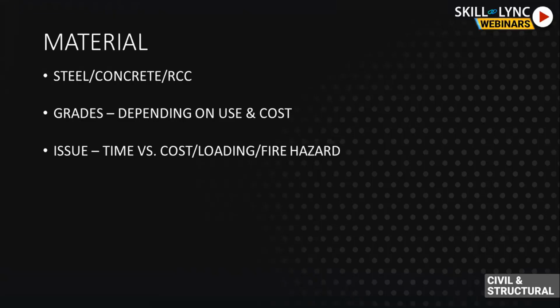For some structures, for example in oil and gas projects, you will see there are structures where there is a high probability of fire occurrence. So in those cases, if there is blast, if there is fire, the steel can melt. That's why there are many considerations in this material selection.